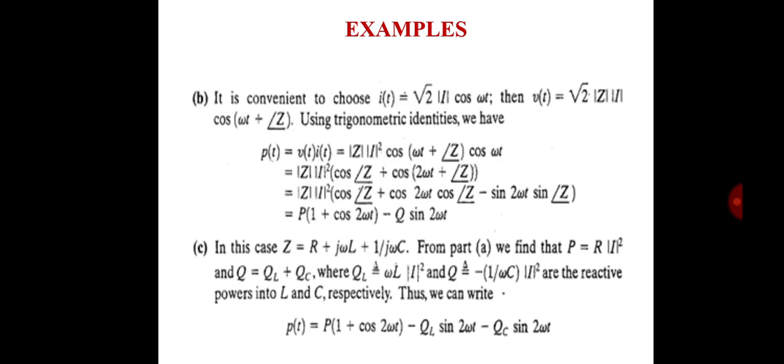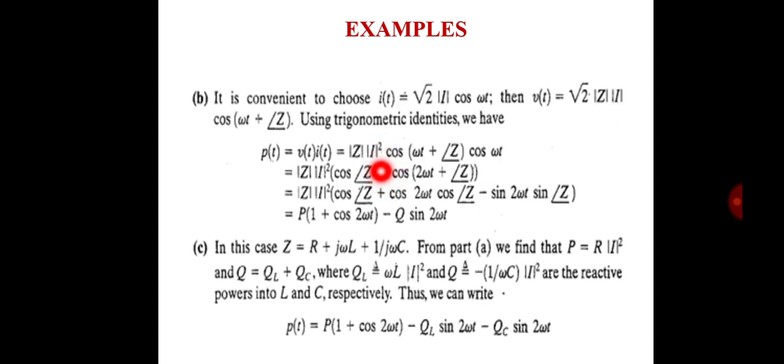Now v of t multiplied by i of t is equal to 2 Z I square cos of omega t plus angle Z and cos omega t.